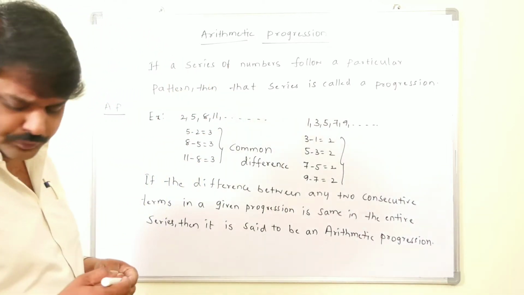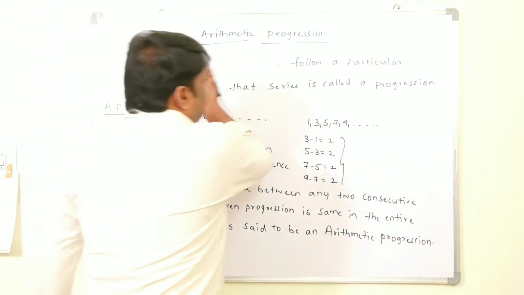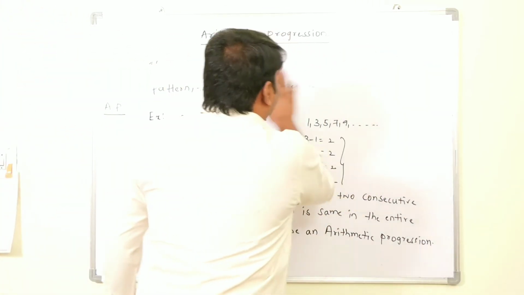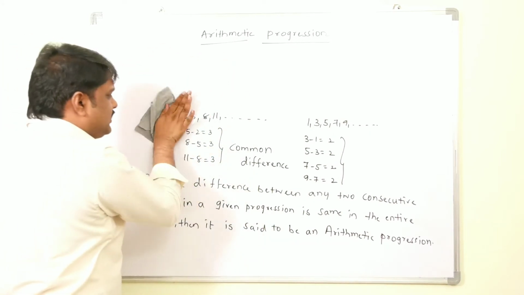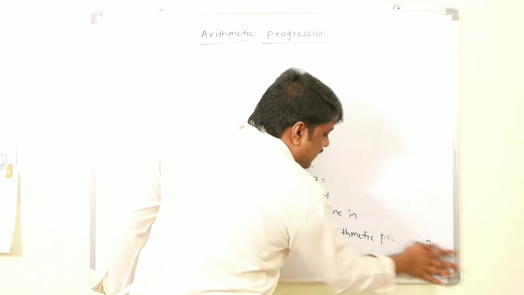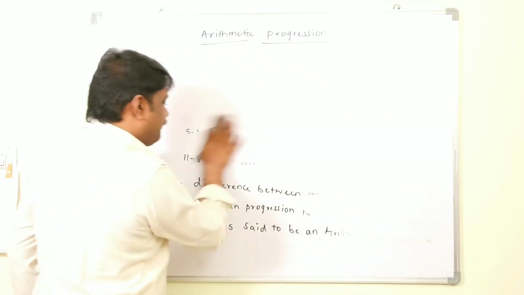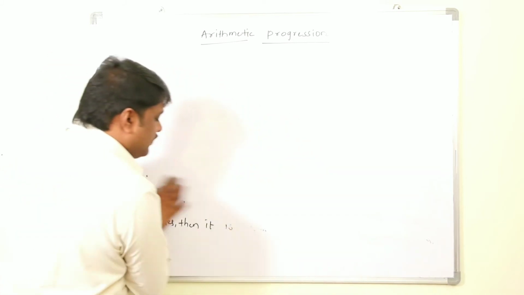Now, let us consider a series which is an arithmetic progression where the first term is a.